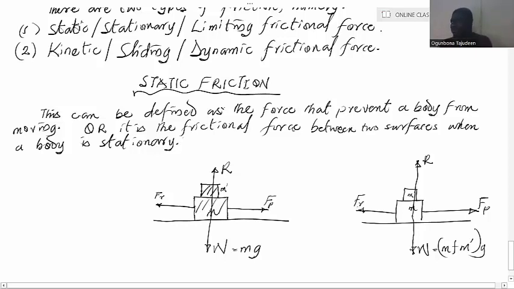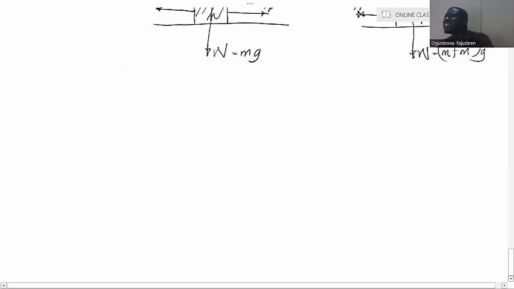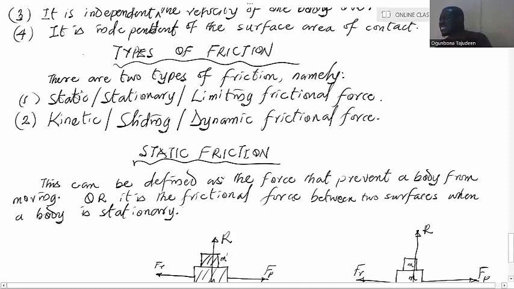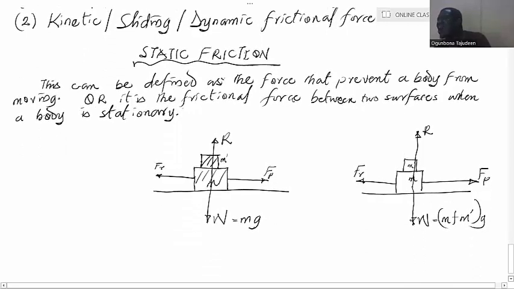Now, the rule here is that as the mass increases, reaction increases. So when the mass increases, frictional force will naturally increase. So the frictional force increases as R increases.